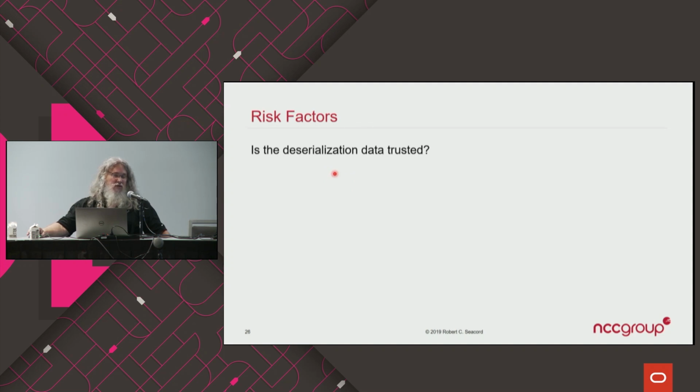Okay, so risk factors. The biggest one is, is the data you're deserializing trusted or untrusted? And of course, in the security field, the group of people you should trust the least is your users, right? Again, serializing an object, putting it on your client's system where they can edit it, and then later on retrieving it, that's quite prone to exploitation.